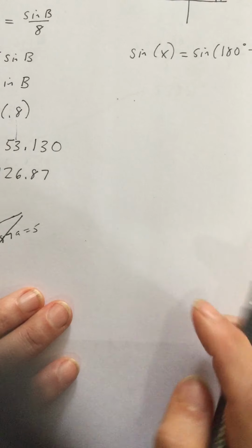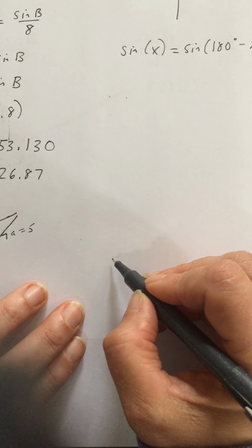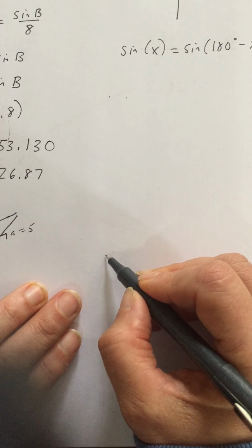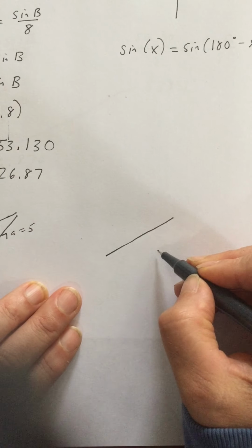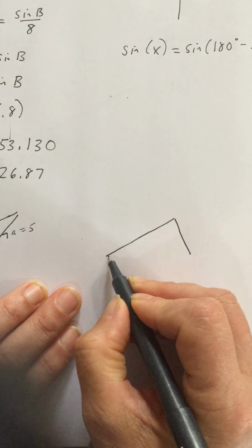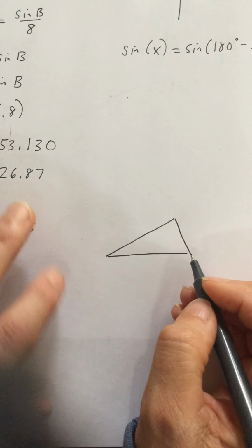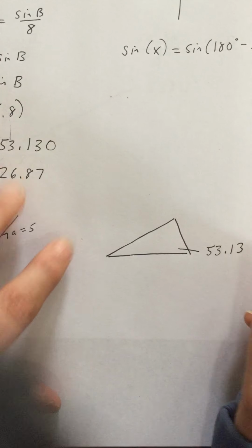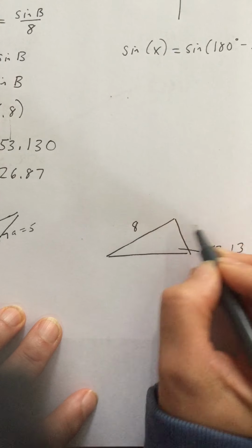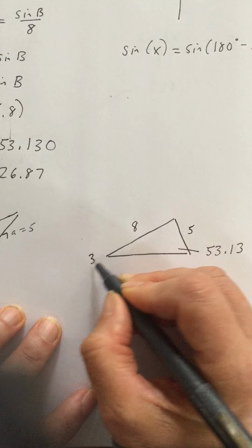Then there's also going to be the other triangle that you're going to want to work through, and that angle is going to be 53.13. That's still 8, that's still 5, that's still 30 degrees.